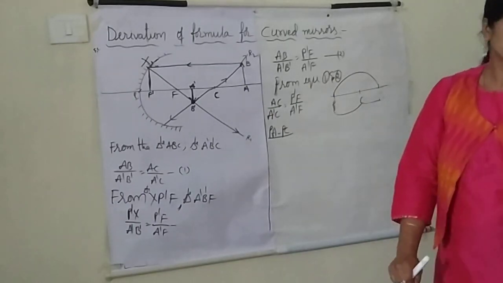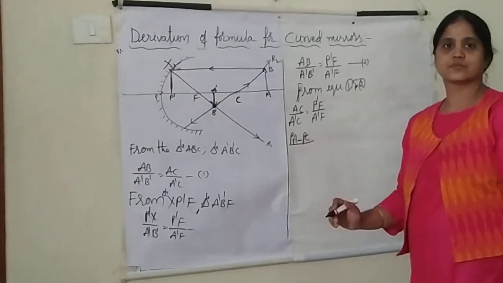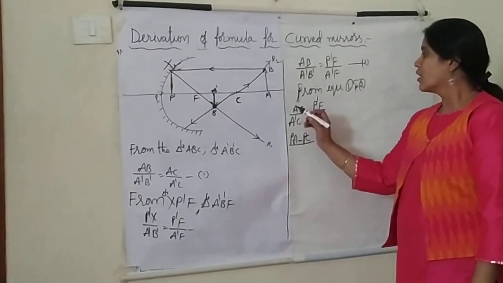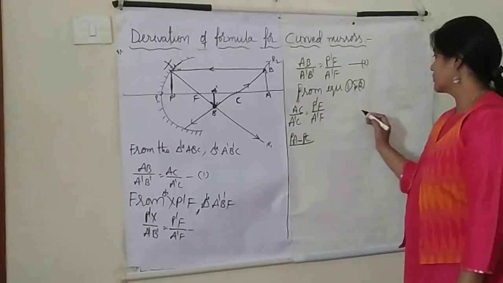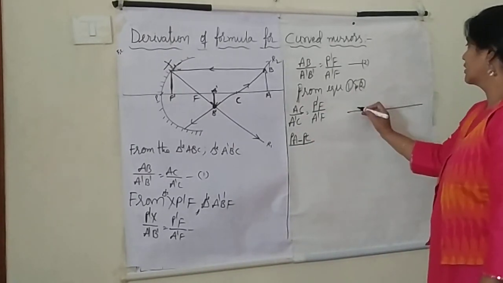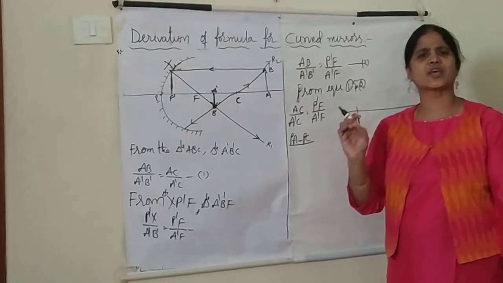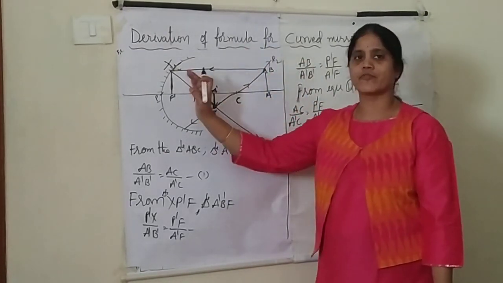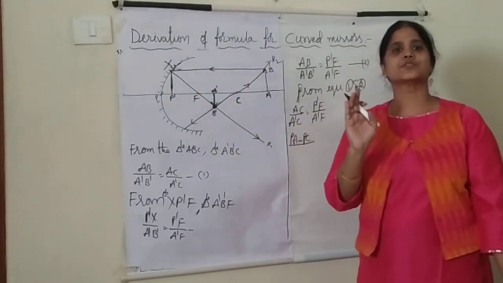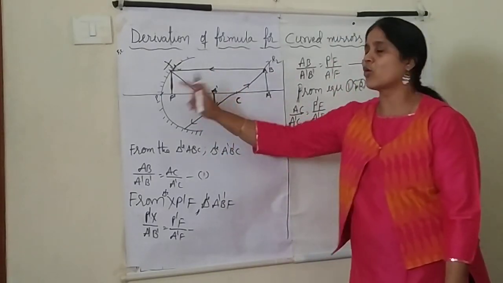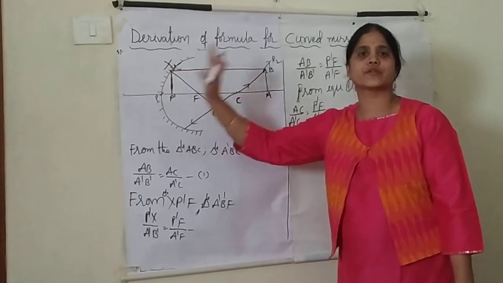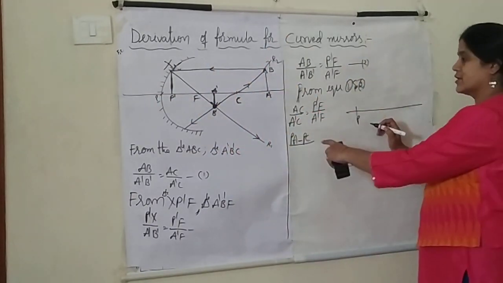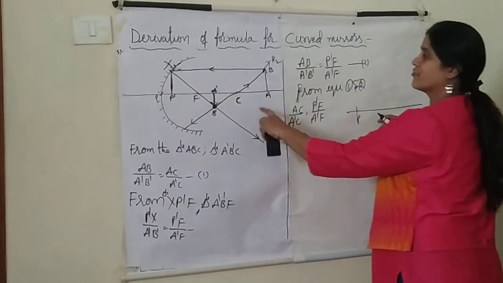Next, coming to A dash C. Again from the figure, we always have to measure distances, whether it is a convex or concave mirror, from the pole of the mirror. So when you want A dash C, where is A dash?